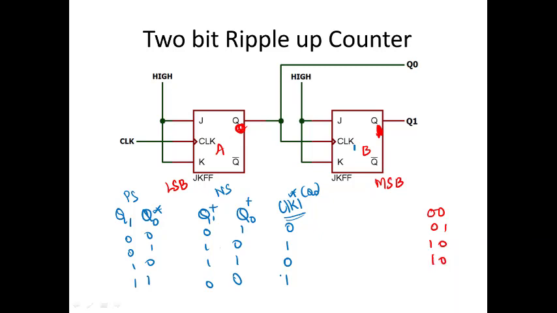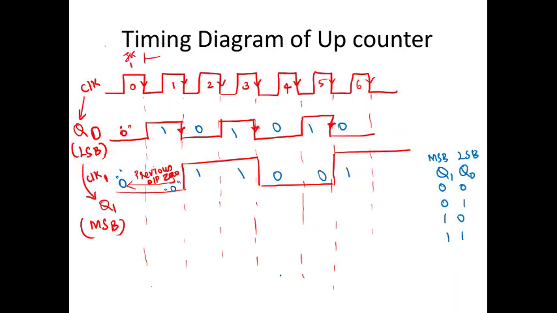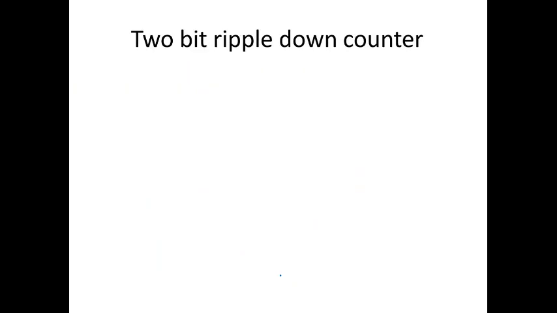Okay. So let me go ahead with the down counter. Okay. Down counter. So for the up counter, I have taken the clock input from Q0. Am I right? So for the down counter, let me take the clock input from the Q0 bar. Okay.